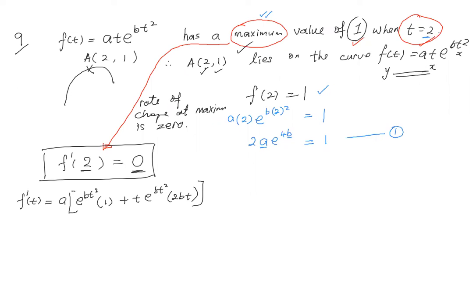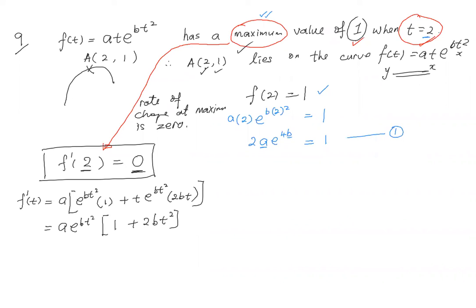Take out a e to the power of b t squared, open bracket, 1 plus 2b t squared.